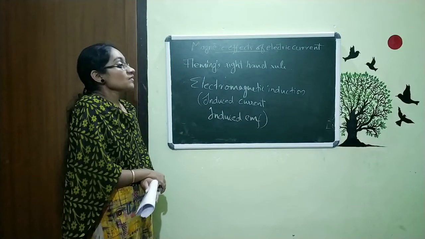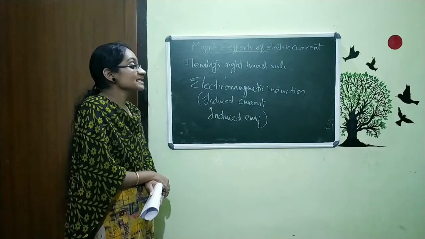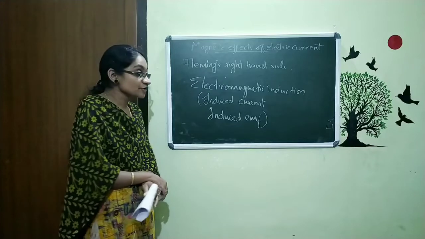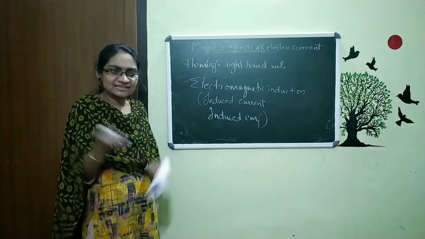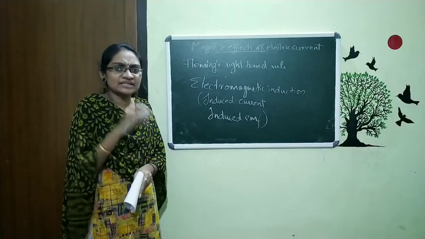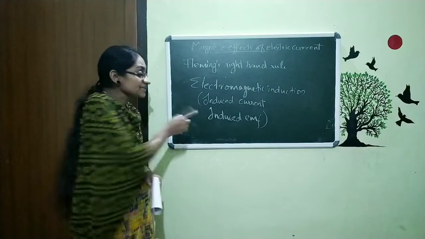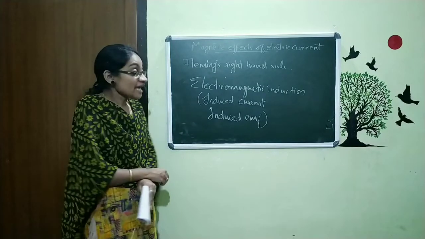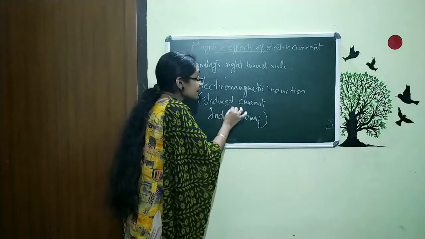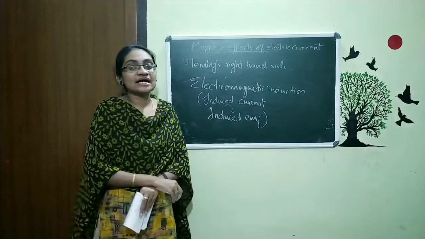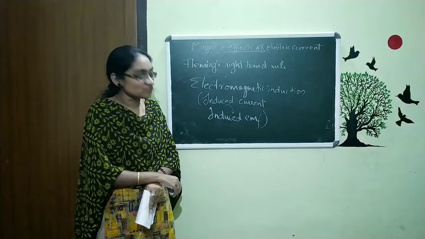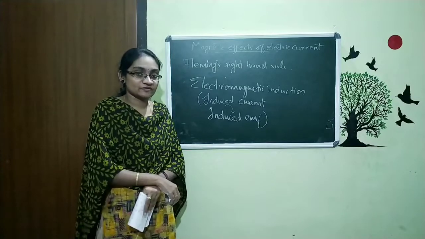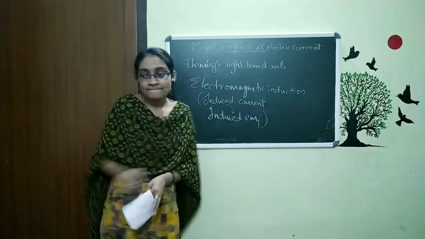That means the process that occurs is electromagnetic induction. It produces the induced current. That means we are forcing a certain current to be produced within the conductor, and that current is induced current. This induced current produces voltage, and the induced voltage is called induced EMF. Just put these names in your mind.